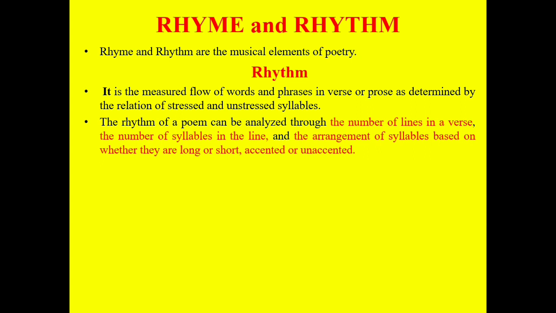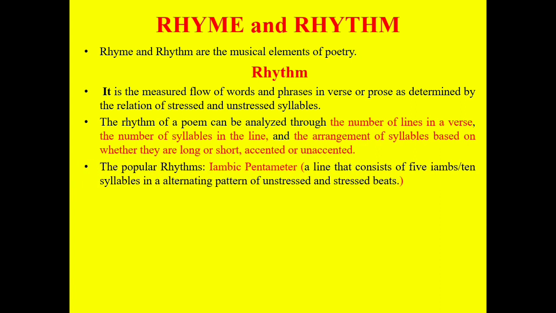So based on these three basic points, you can measure or identify what kind of rhythm is used in a poem. For example, we have a few popular rhythms. The first one is iambic pentameter.